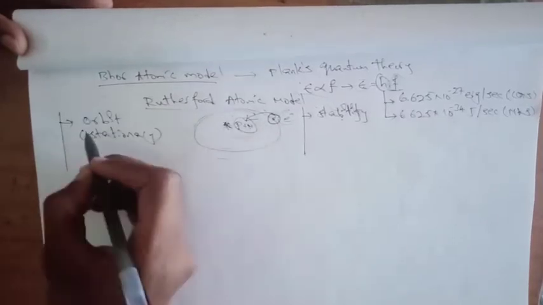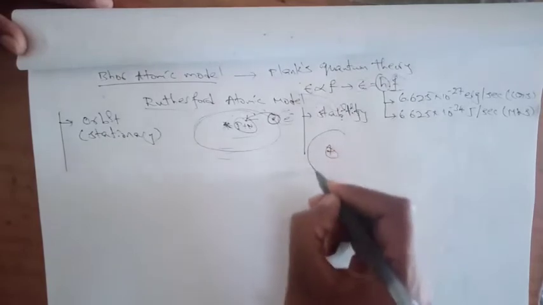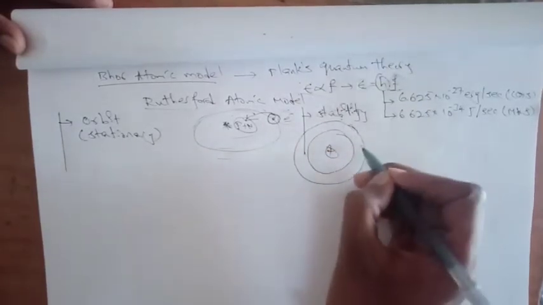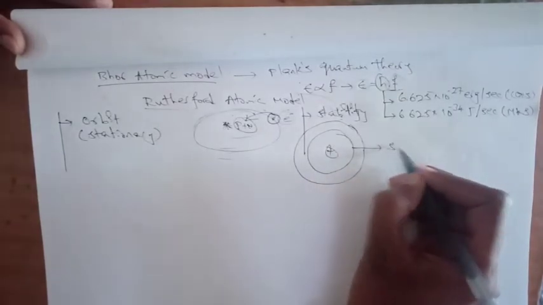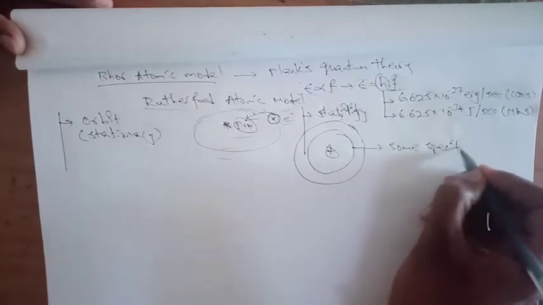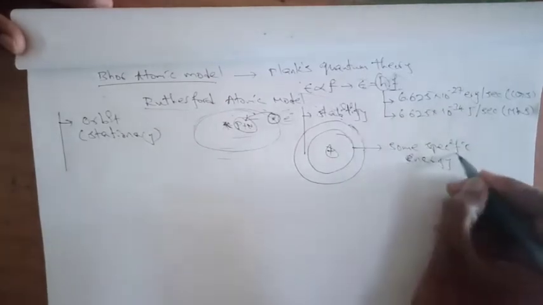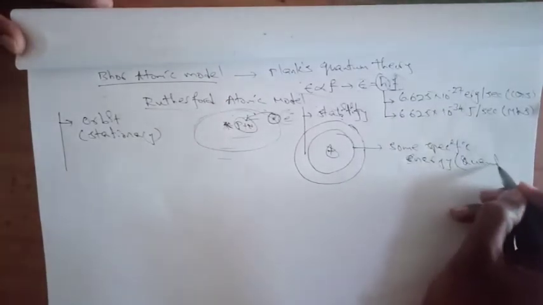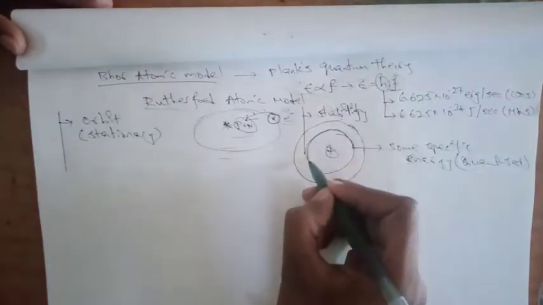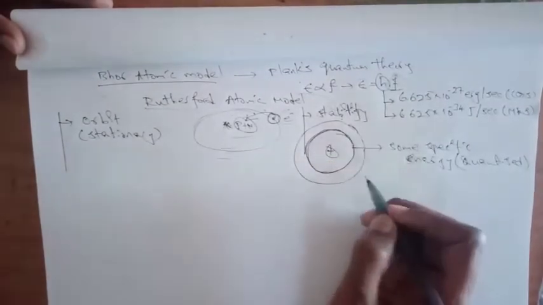That means the electrons have fixed paths of orbits over which they have a specific amount of energy, which is quantized, meaning that if the electron is revolving in an orbit, it possesses only a particular amount of energy.